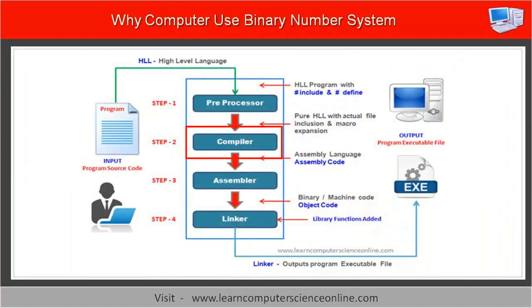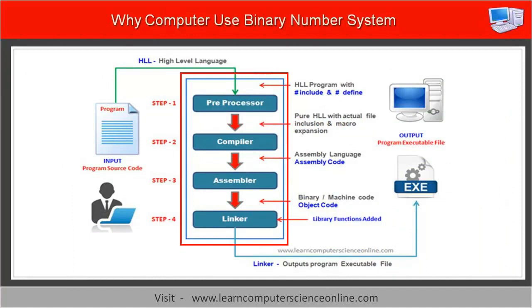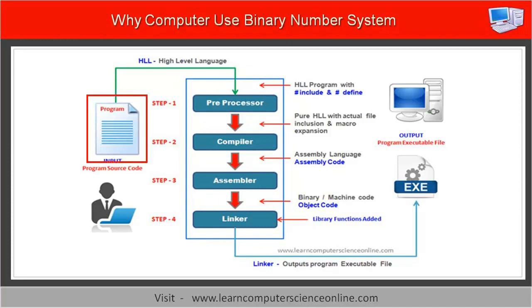This conversion is done by using a special program called a compiler. This conversion process is called program compilation. During the program compilation, the high-level programs are converted by the compiler into machine code instructions in binary that can be directly executed by the computer processor.